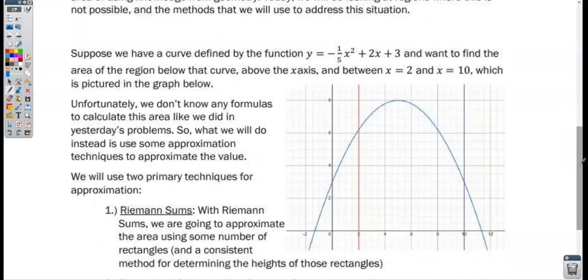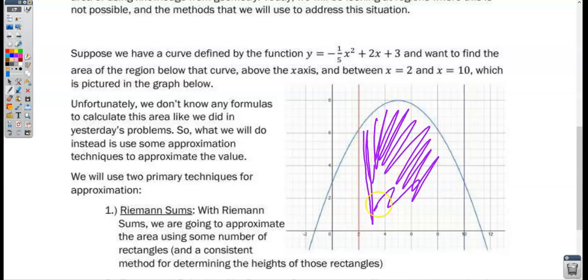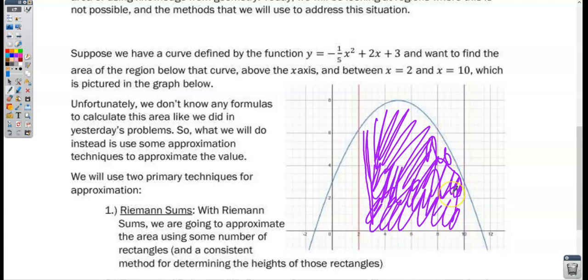Suppose I have a curve defined by the function y equals negative 1/5 x squared plus 2x plus 3, and I want to find the area of the region below that curve, above the x-axis, and between x equals 2 and x equals 10. This is a strictly positive curve. So, what we're looking for is this area right here that I've colored in. Didn't do a great job of coloring it in, but we're looking for that area.